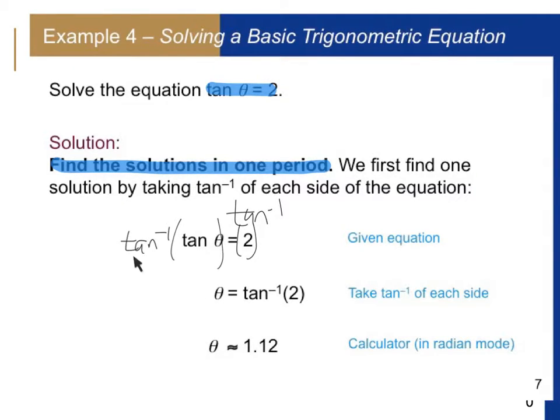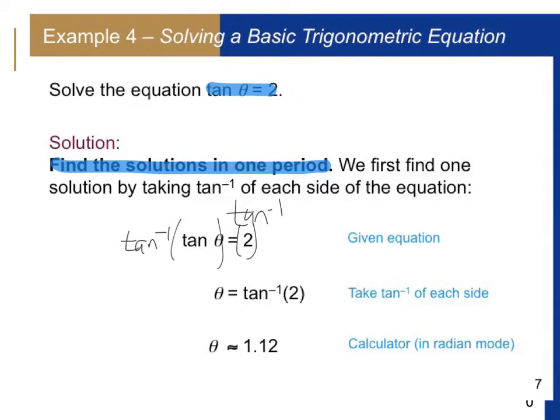This becomes theta, right? If we're looking at theta going from minus pi over 2 to plus pi over 2, then theta is inverse tangent of 2. So theta is approximately equal to 1.12 if we're in radian mode. So that's how we take the inverse tangent of 2. That's kind of our basic angle where we get a tangent equal to 2.